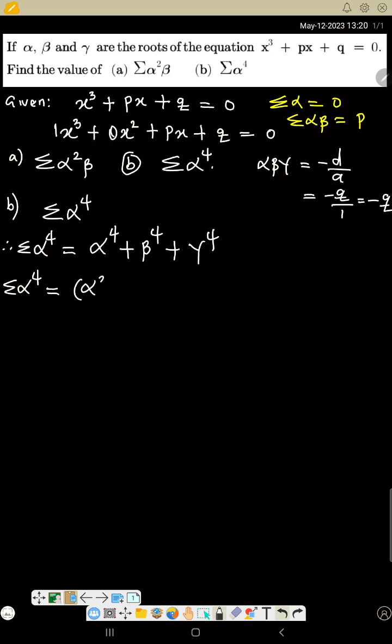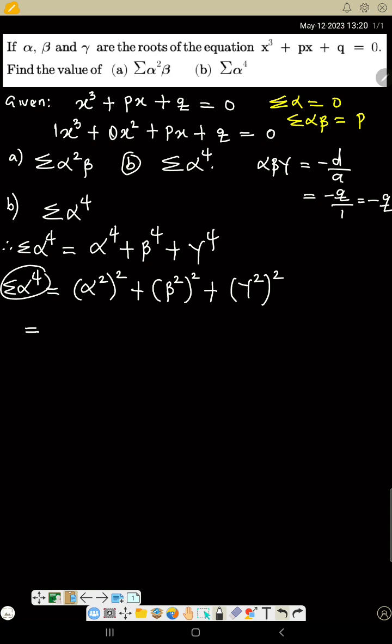So this is the same thing as alpha square, because 2 times 2 will give you 4, plus beta square plus gamma square. So please take note of the identities I'll be using here.